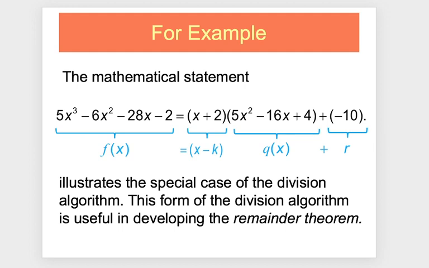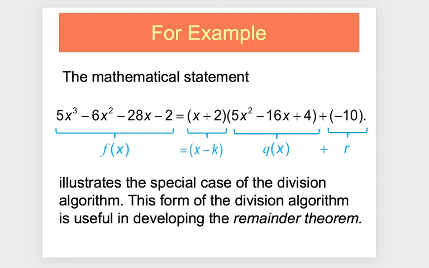So basically what I'm going to now circle in purple, so all of this that's in purple, that's what you did for homework. So if you look at the purple, what I just circled in purple, 5x squared minus 16x plus 4 plus negative 10 divided by x plus 2, that's what you did for homework. What you're looking at now in the example is the same exact thing, but it's just written differently.